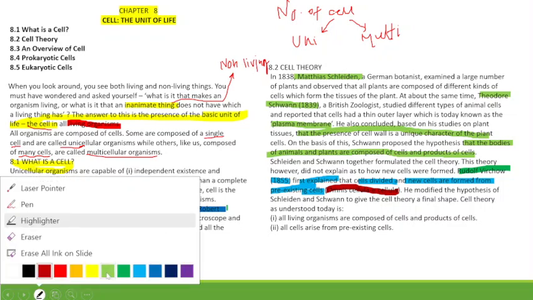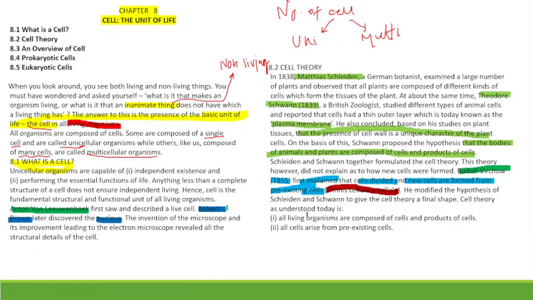Okay, so this is the new theory given by the contribution of Rudolf Virchow, that all living organisms are composed of cells and the products of cells, and all cells arise from the pre-existing cells. So he added this sentence into the hypothesis given by Schleiden and Schwann, and completed this cell theory that today is known by all.